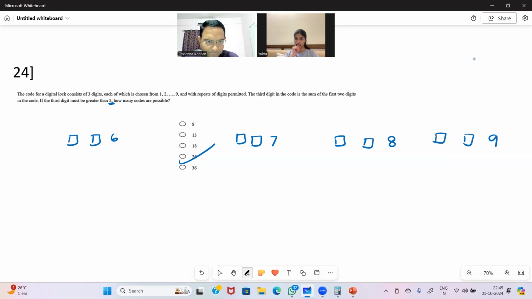Now if you see, I can use the digits 1 to 5, correct? Then correspondingly there will be digits which will be there. So I can have 1 to basically 5 ways.